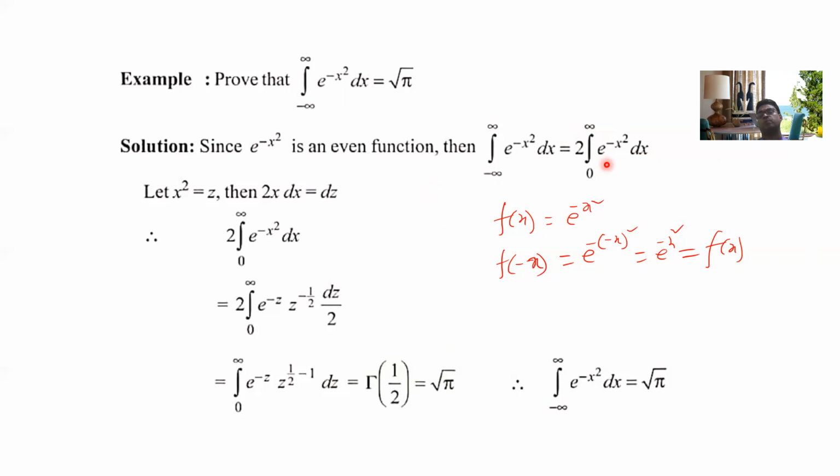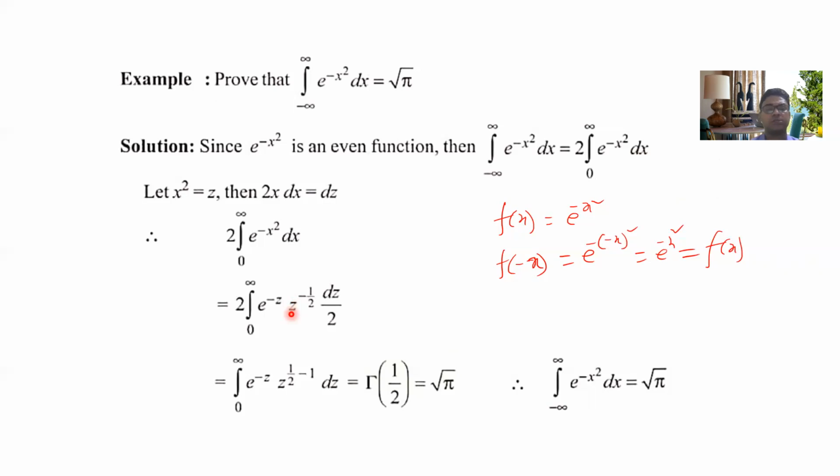So what is the problem? Your requirement is e to the power minus x, but here you have x square. So you should consider x square as z. Then 2x dx is equal to dz.